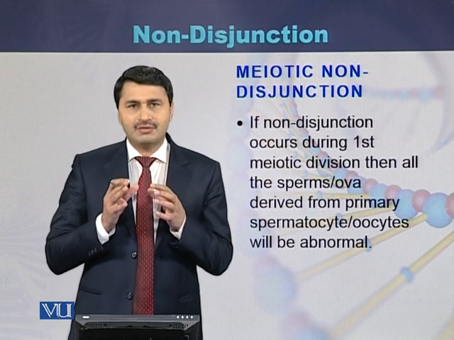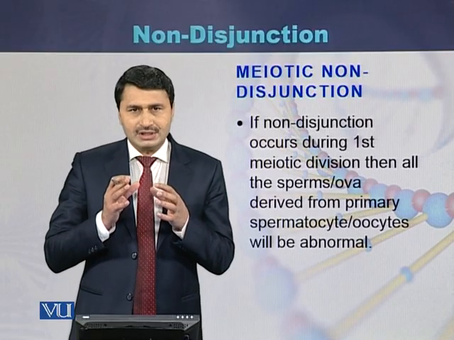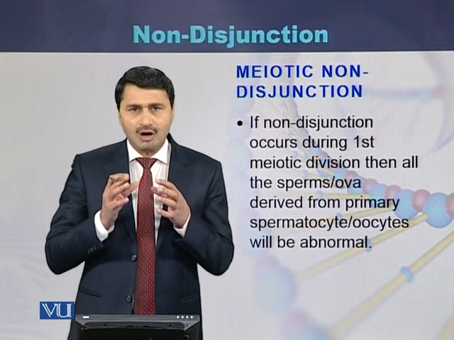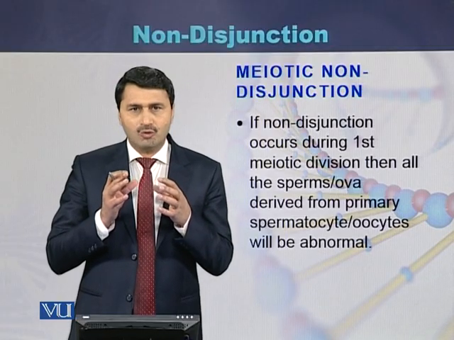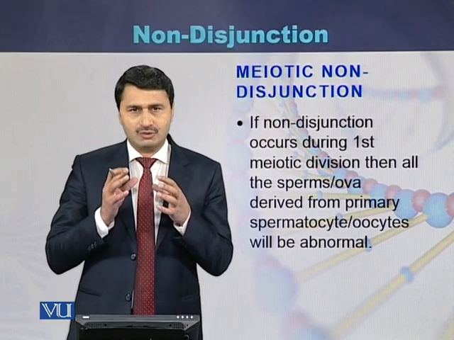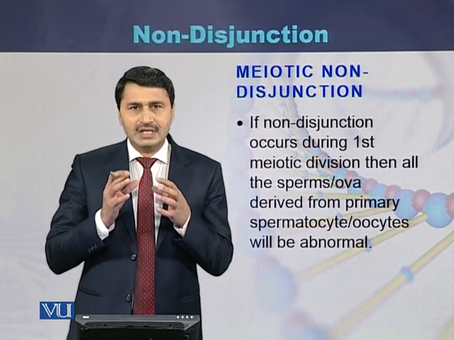In case of meiotic non-disjunction, if the non-disjunction is during meiosis 1, then all the sperms or all the ova produced from the primary spermatocyte or from the primary oocyte will be abnormal.